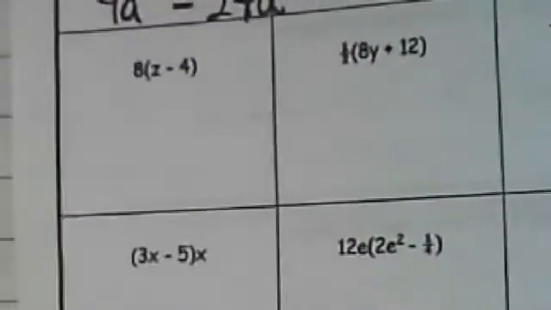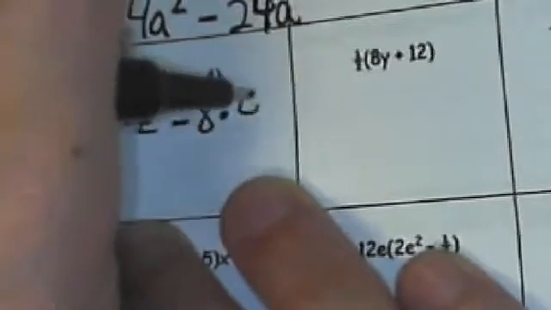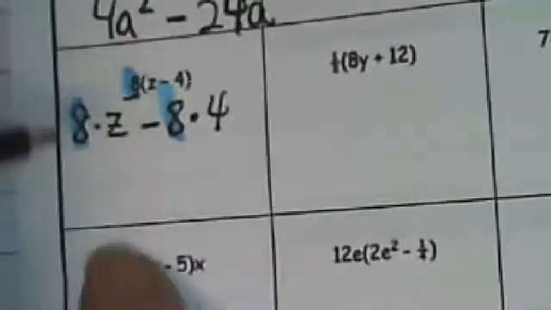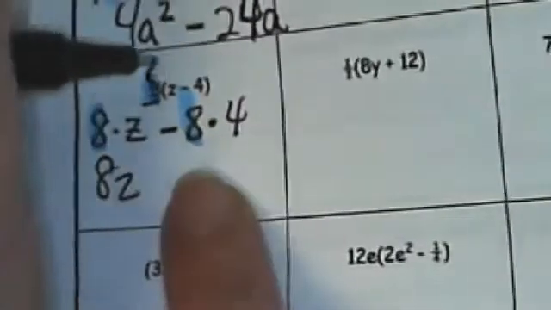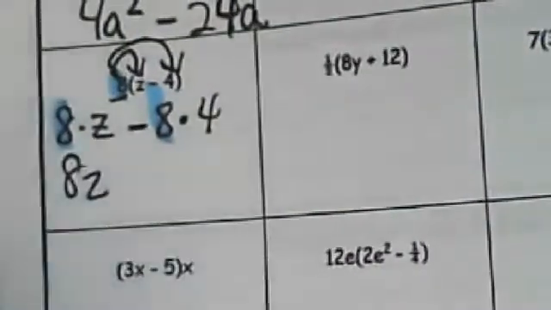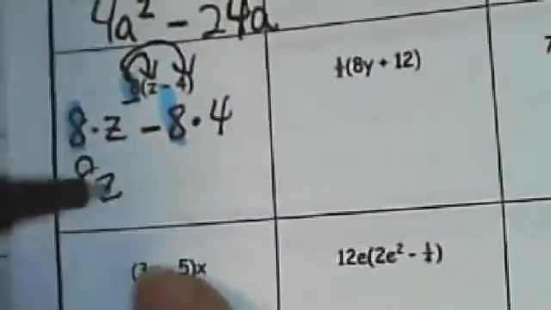And then this one here again is on the outside, so you're multiplying 8 times z minus 8 times 4. Again, you have the same thing written again. So that's 8z. Again, if you want to do the arrows, you can. Same thing, and then you would do minus 8 times 4, which is 32.